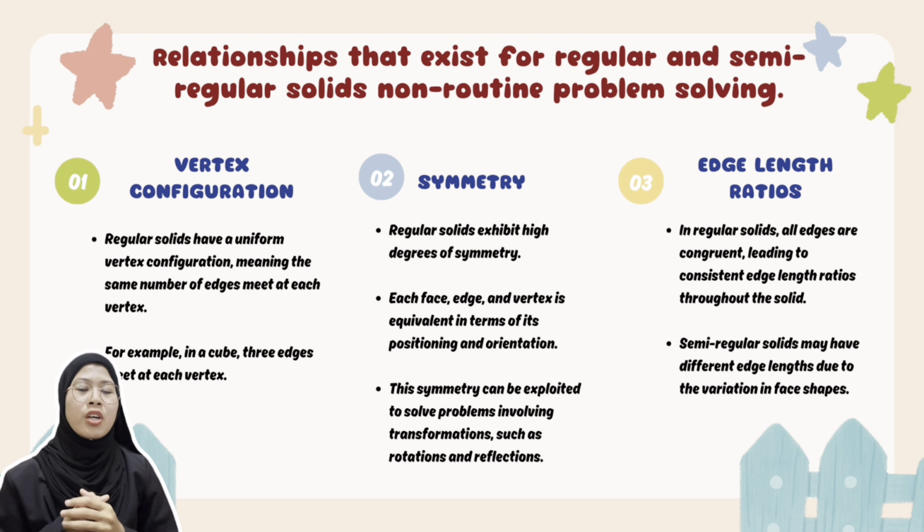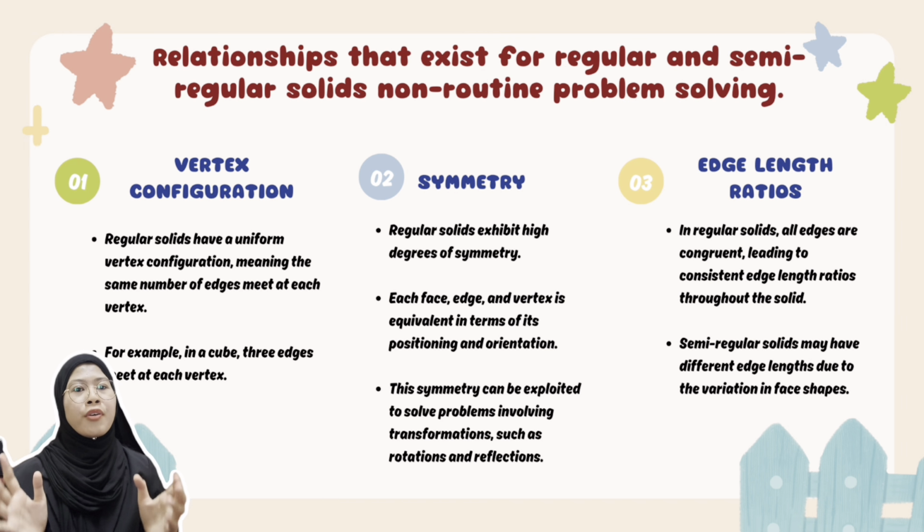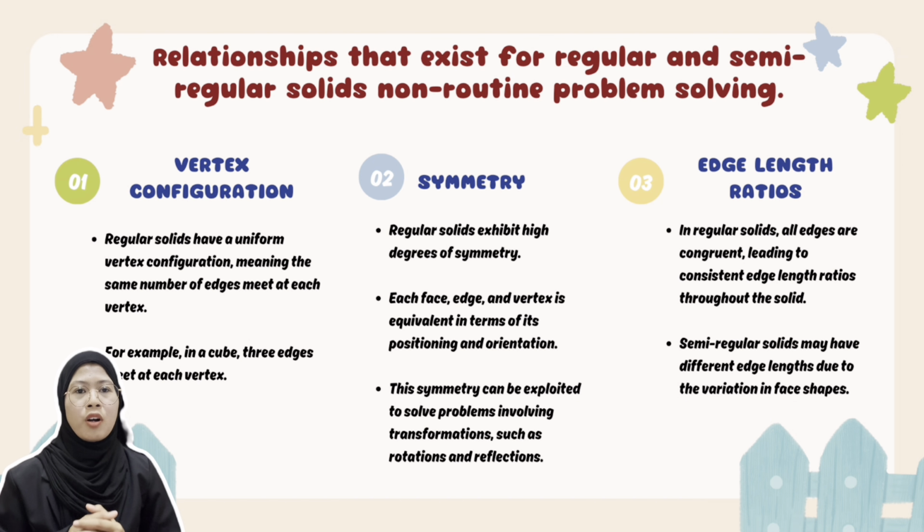So here are some relationships and concepts that can be explored in such problem-solving scenarios. The first one is vertex configurations. Regular solids have uniform vertex configurations, meaning the same number of edges meet at each vertex. For example, in a cube, 3 edges meet at each vertex.